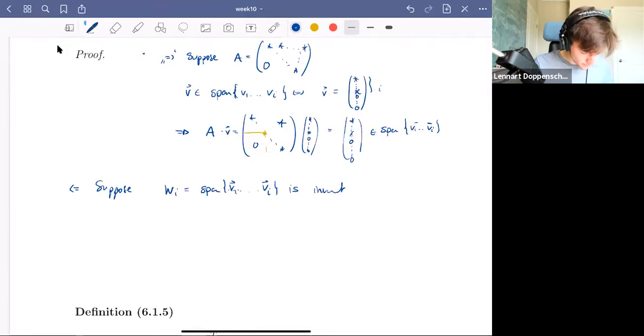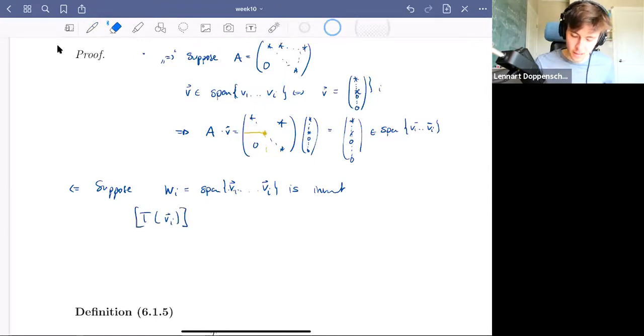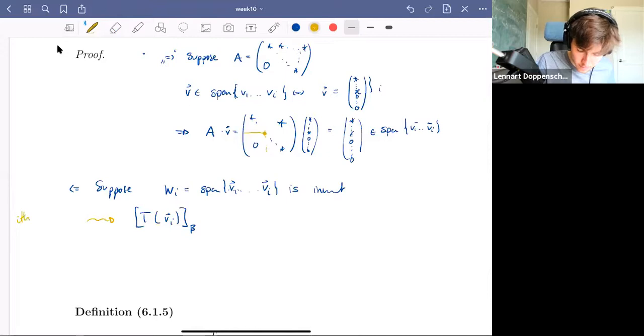Now, if we apply T to vi, and then I look at this in the beta basis, this will be the ith column of this matrix. Remember, this was the algorithm to find the matrix representing a transformation.